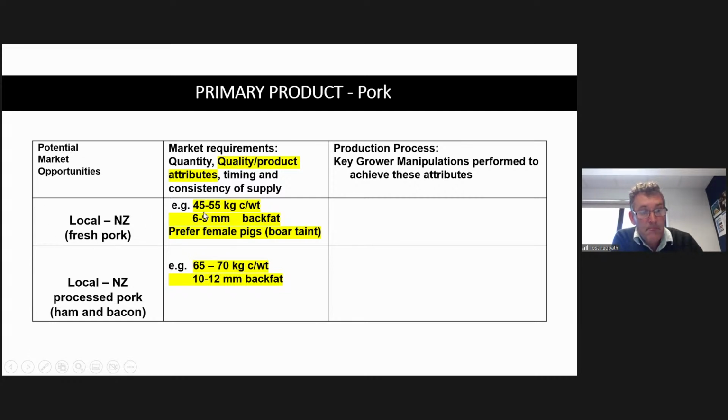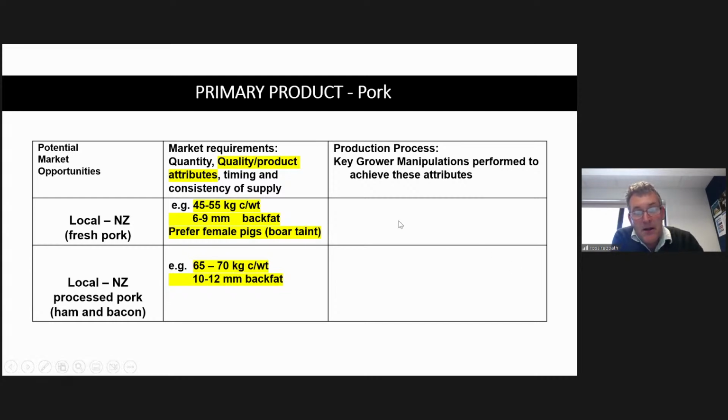Fresh pork, you can see a different carcass weight, a different fat level, and the fact that female pigs are preferred because you don't have boar taint. If you're processing it into ham and bacon, we've got a larger carcass weight, we are allowed a little more fat, and boar taint is not a problem because it is disguised by any processing, the curing of it, that sort of thing.